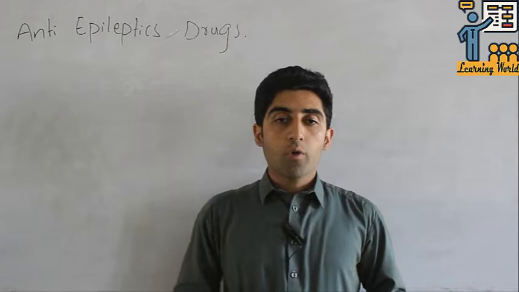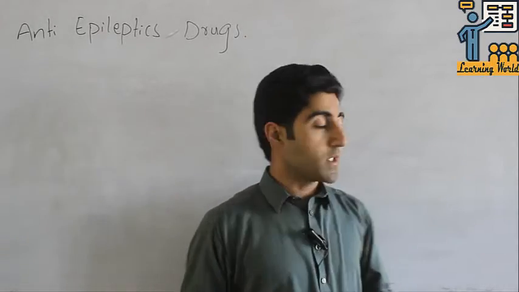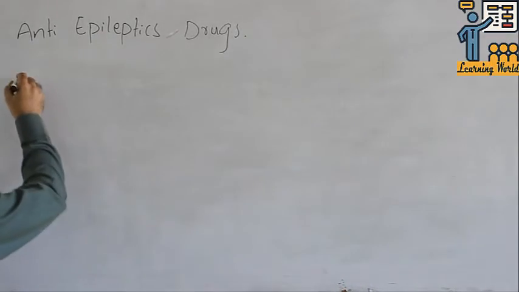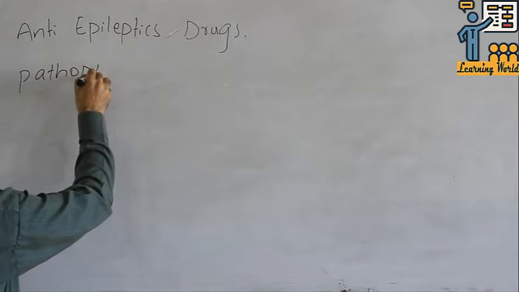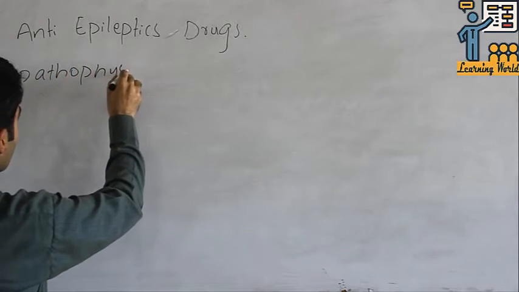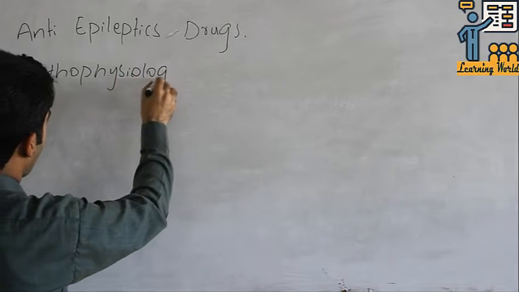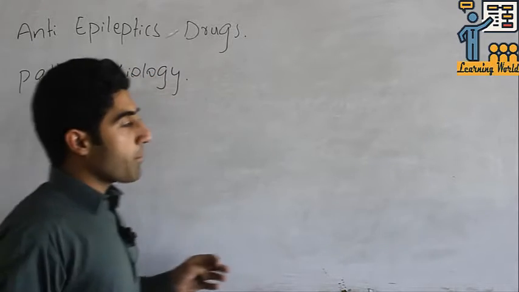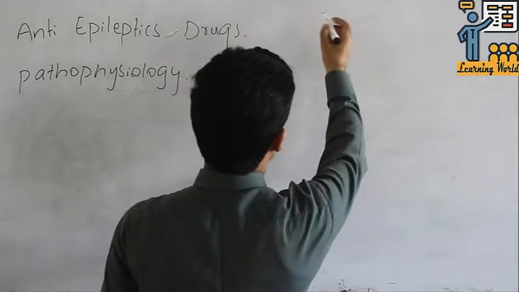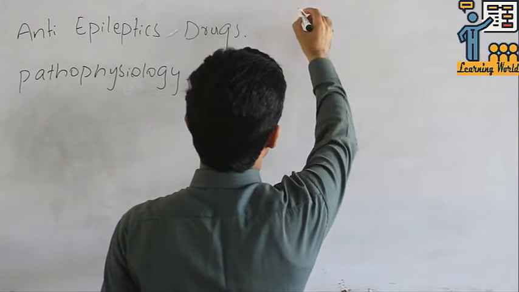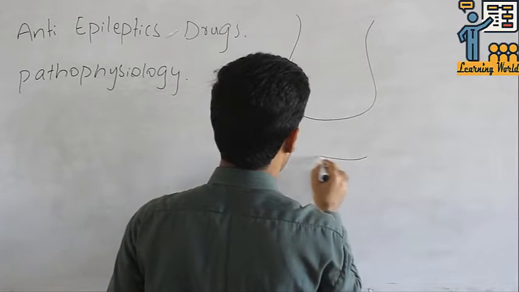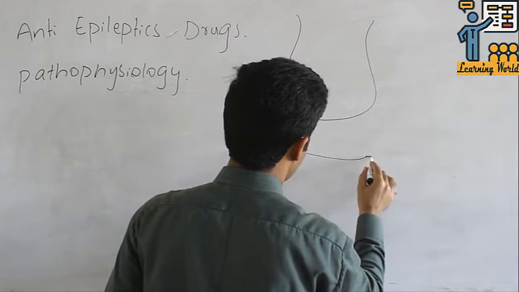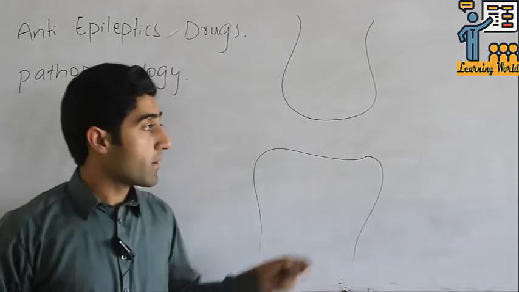Now we will talk about the pathophysiology of epilepsy. For example, this is the neuronal structure.